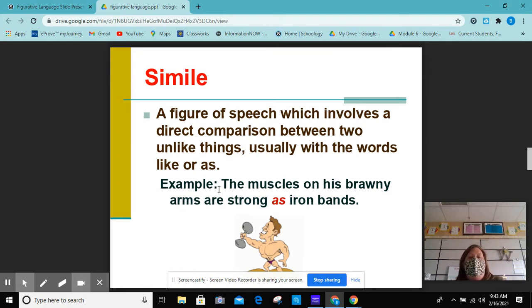They're comparing his muscles to iron bands. What word is being used that lets us know that it is a simile? As. So we're comparing muscles to iron bands, and the use of the word as helps us to identify this as a simile.